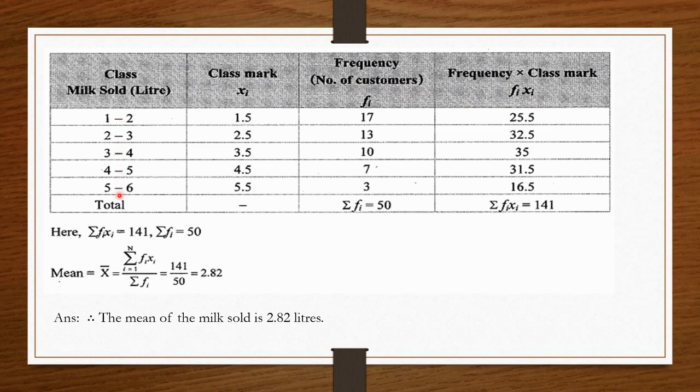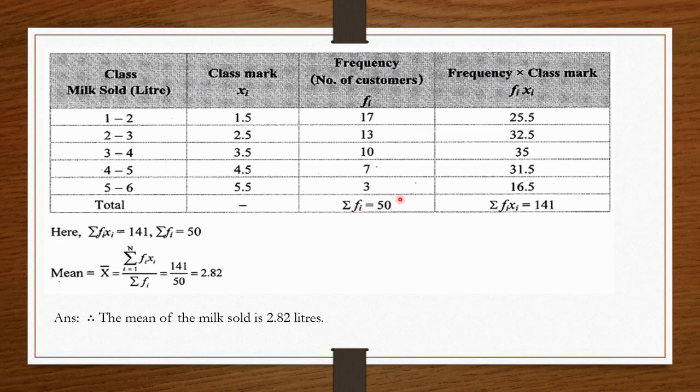Class mark xi is 1 plus 2 upon 2, that is 1.5, and the next ones are 2.5, 3.5, 4.5, and 5.5. And frequency fi is also given in your question. First one 17, second 13, third 10, fourth 7, and fifth 3. And sigma fi, the sum of the frequency, equals 50.